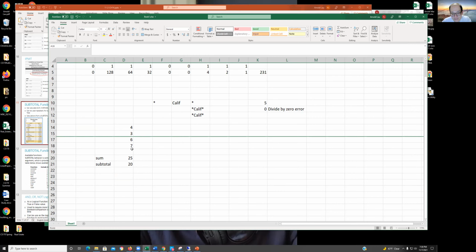So maybe think about it for a second before I tell you, right? What does that mean? It means the sum, when I go over a range, will pick up all of the numbers, whether you see it or not, right? Subtotal takes into account that you filtered something out.